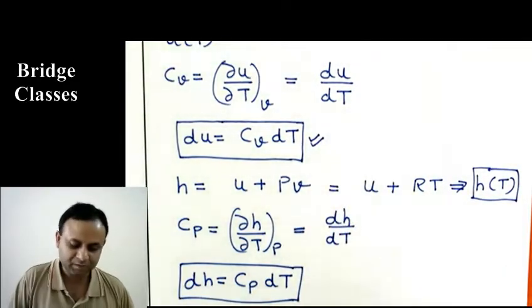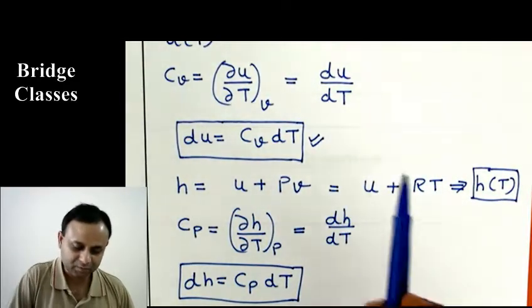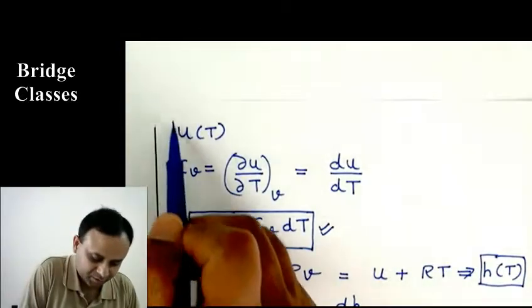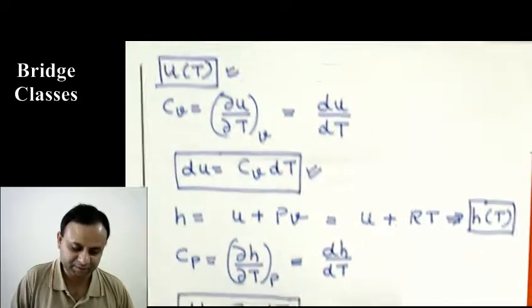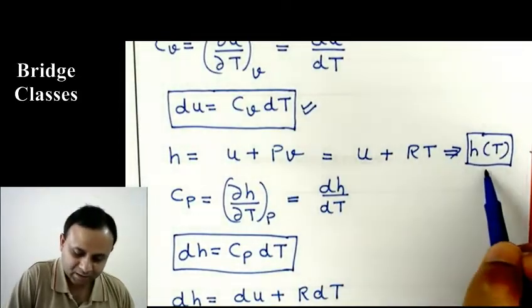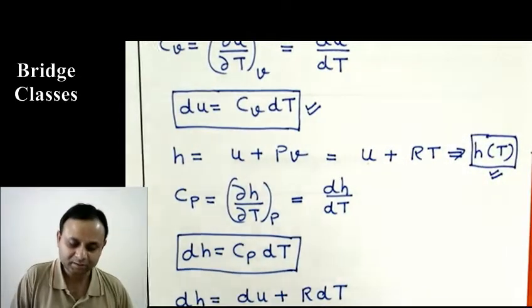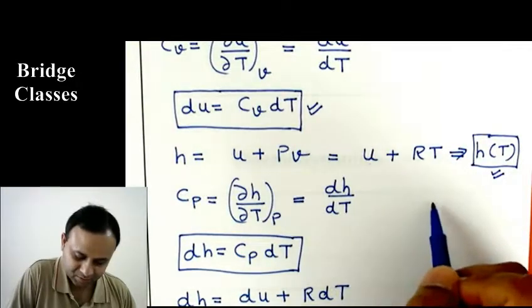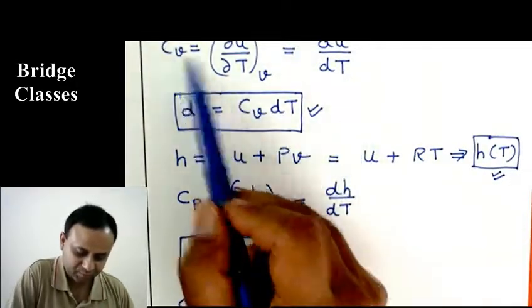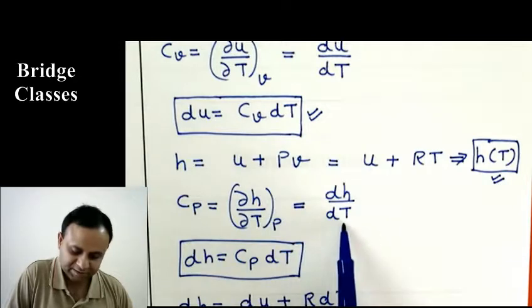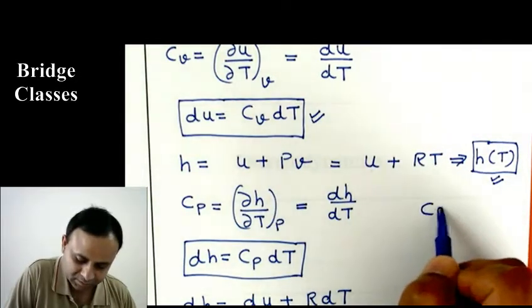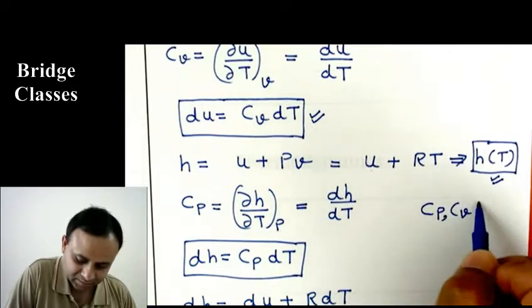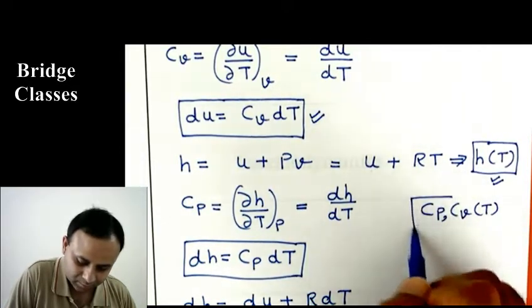dU is Cv dT, U is a function of temperature only. H is also a function of temperature only, and both Cp and Cv also, because Cp is dH/dT, are functions of temperature only.